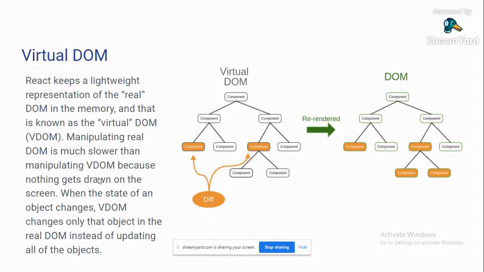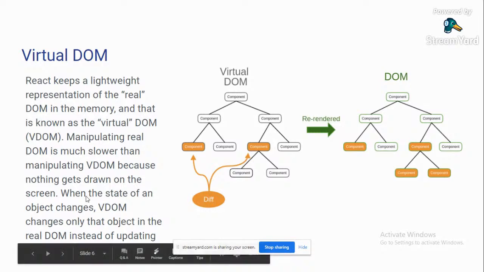In virtual DOM, whenever a component is changed, only that component and its child components are re-rendered. You can see in this example, if this component changes, this also changes. So when it is re-rendered, all the changes are shown, or only these components are rendered again. The whole structure does not render again and again.